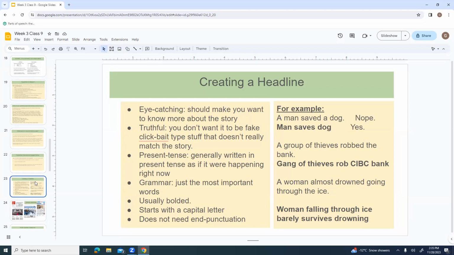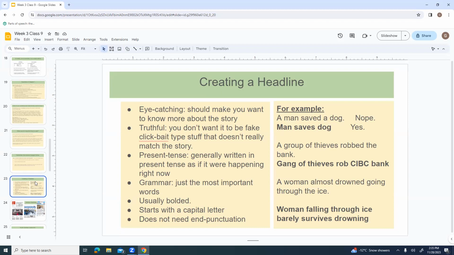Present tense. One of the funny things about headlines is they often are written in the present tense. Like rather than man robbed store, it's man robs store. It's tricky. I'm not quite sure why. Anyways, grammar would just be the most important words. They don't always include every single article and every single preposition, right?